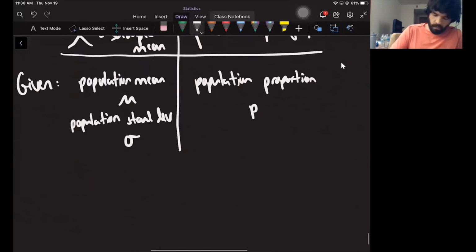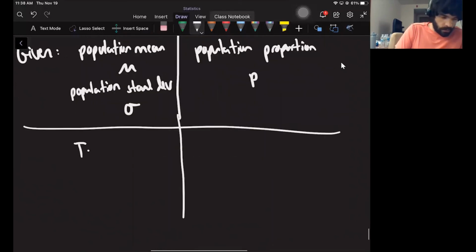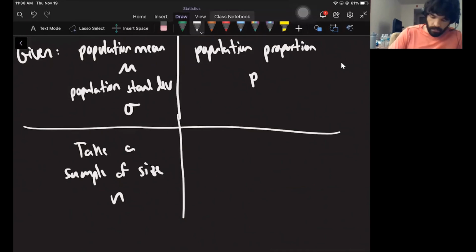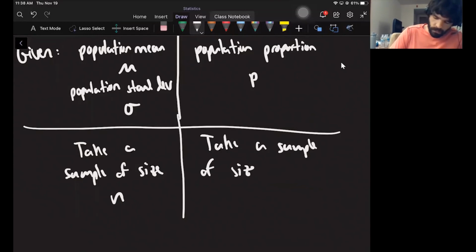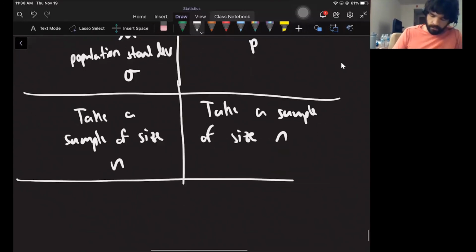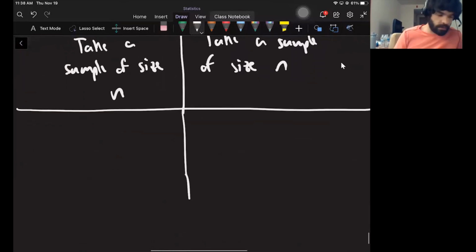So then in both situations, what you do next is you take a sample, or you're told that there's a sample of some size n, and that's the same over here. And now we build the normal distribution.